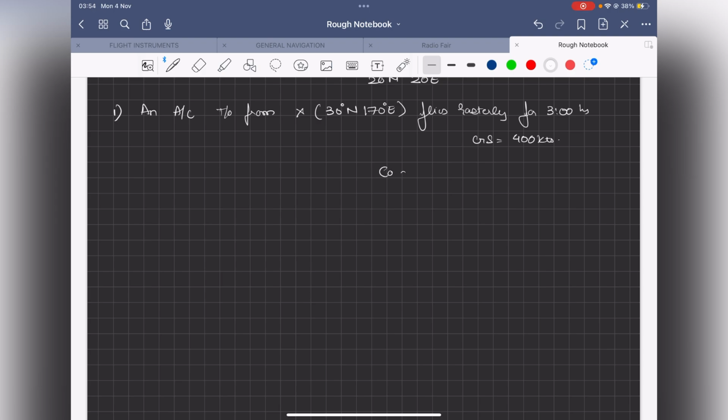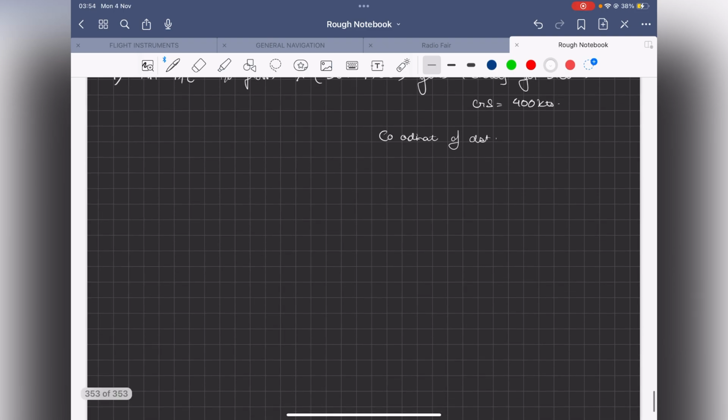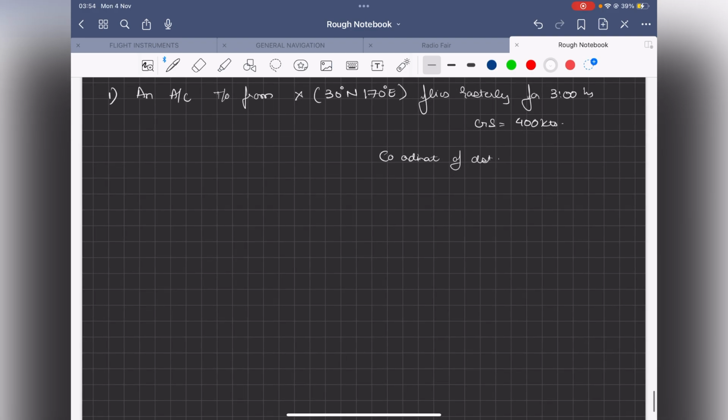Again, what are the coordinates of the destination? Anytime they ask you the coordinates of the destination, you know you have to find d long. That's the only way you can get your coordinates.